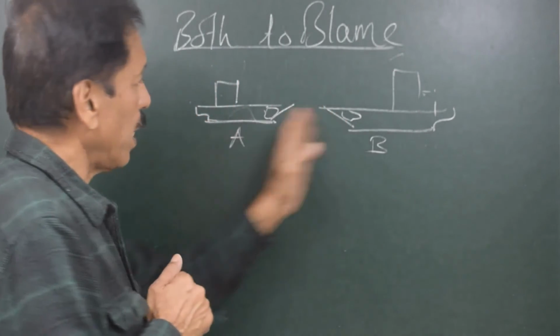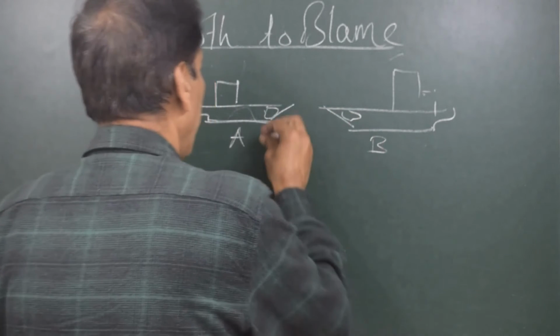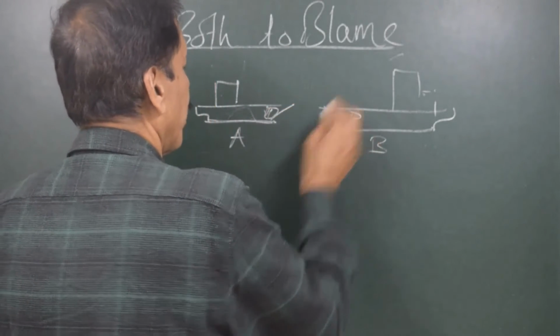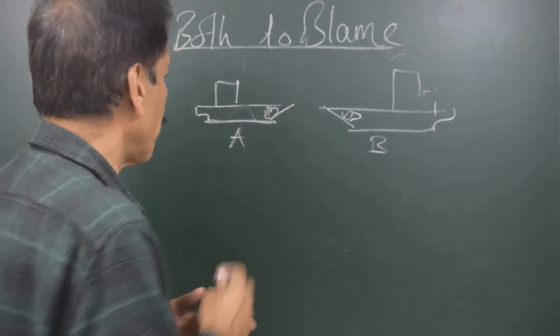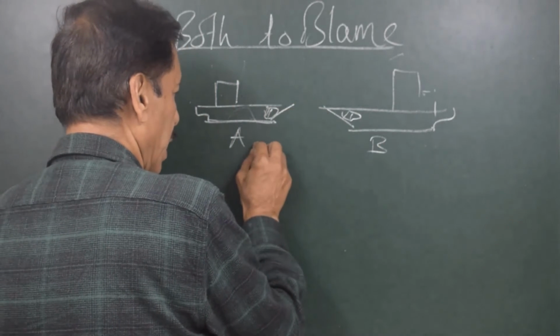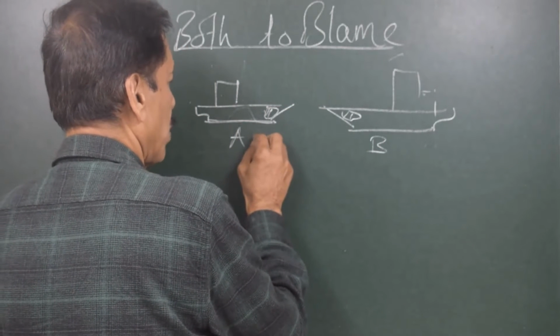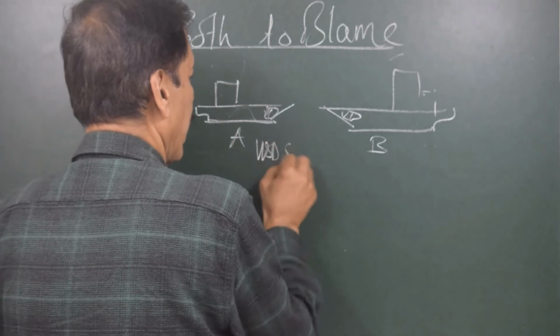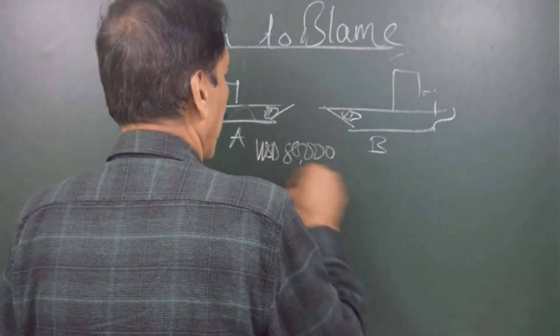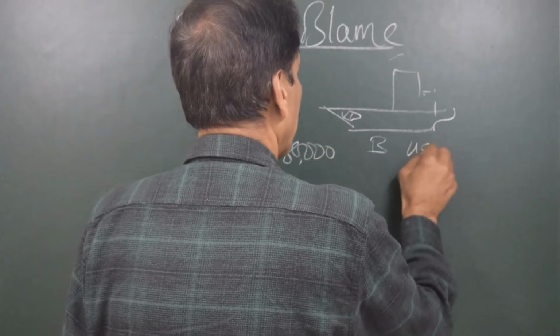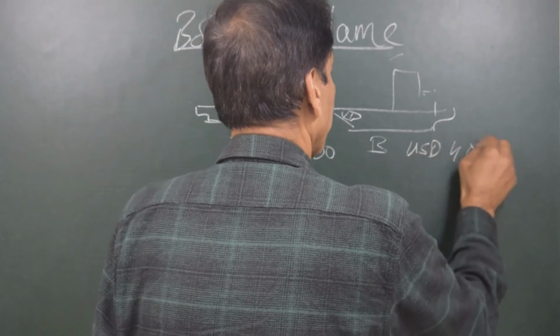Let us once again assume that here is ship A that comes in collision with B. There is damage caused to both the ships. Like A incurs the damage of US dollars 80,000 and B US dollars 40,000.